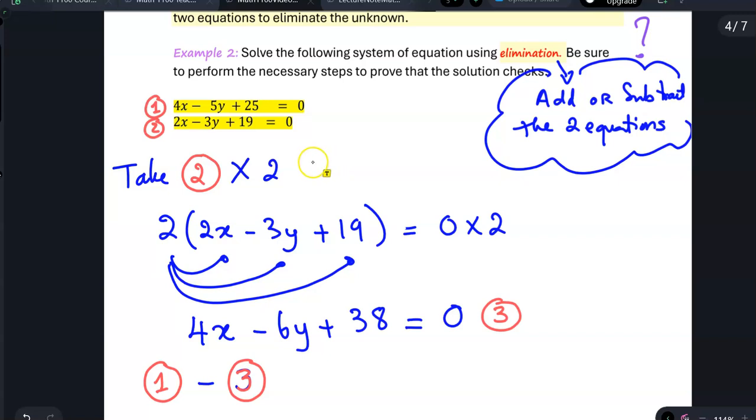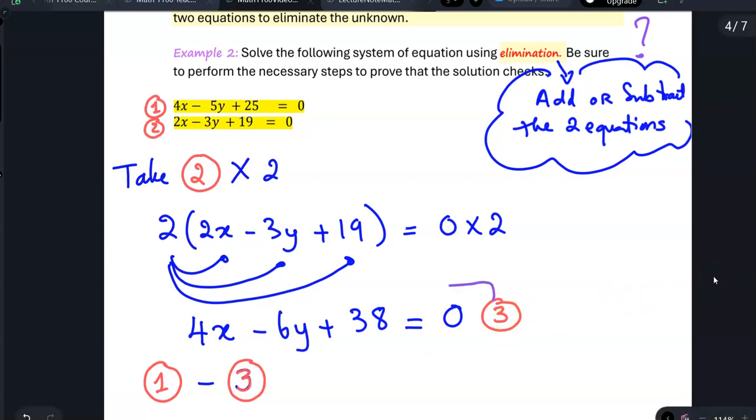The reason I multiply this by 2 is because I want the coefficients of x to be equal to each other. See this, I turn into a 4x, and from equation number 1, I also have 4x. You have to have the same coefficient in order to eliminate that unknown x.